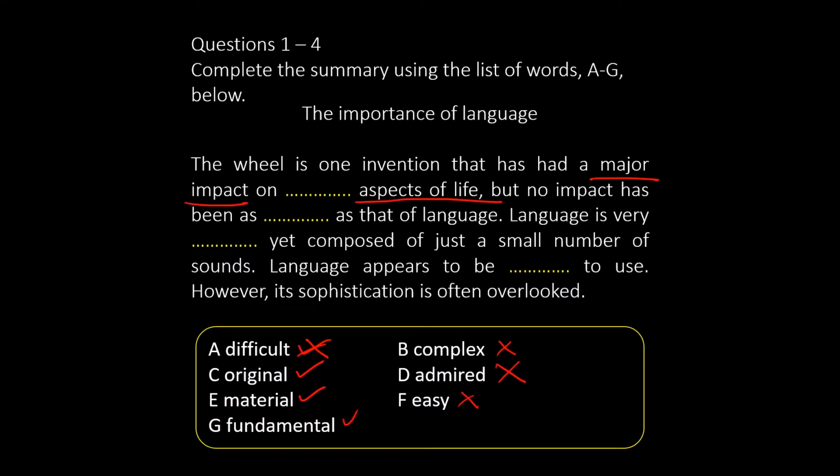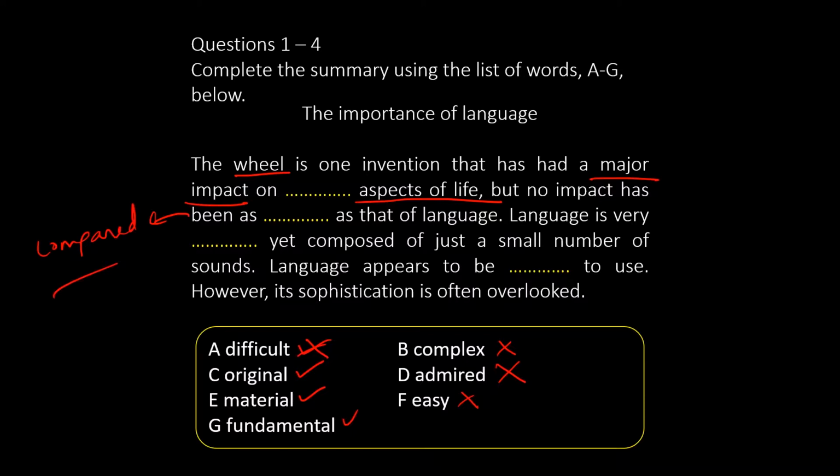So you will look for the answer which is about the major impact and the aspect of life connected to the wheel. Second one: but no impact has been as blank as that of language. That means when you see 'as blank as that of language', there is a comparison being done. So something is being compared.